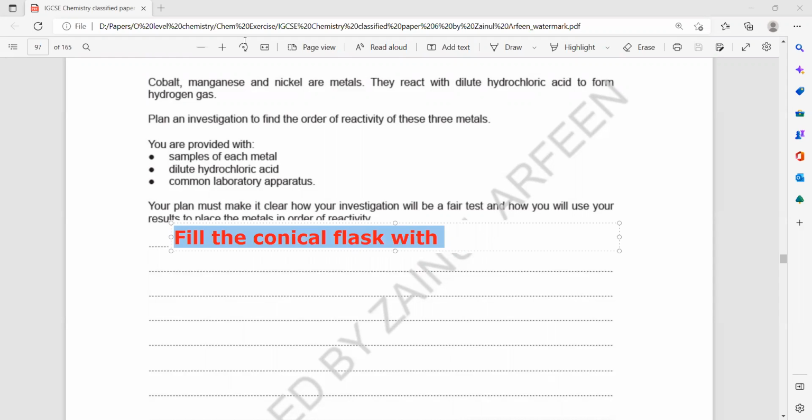Whenever you are writing an experiment, you should always mention the name of the apparatus that you are using. In the exam, when you're planning this experiment, don't write the formulas.